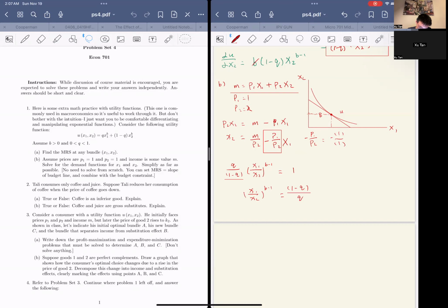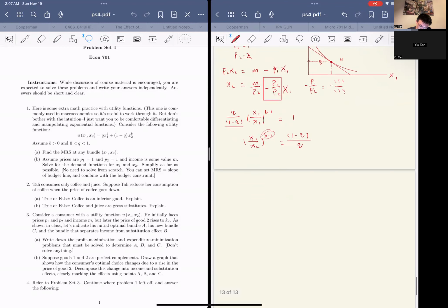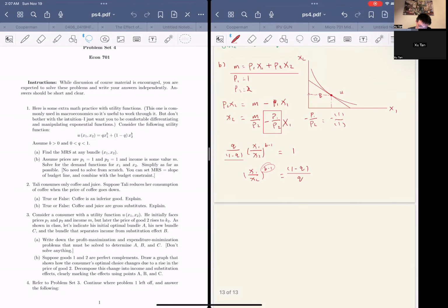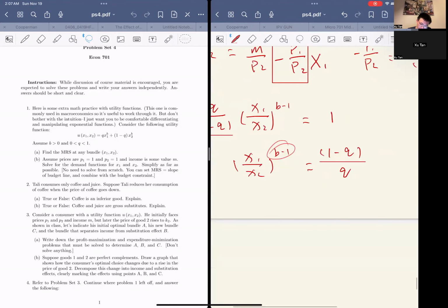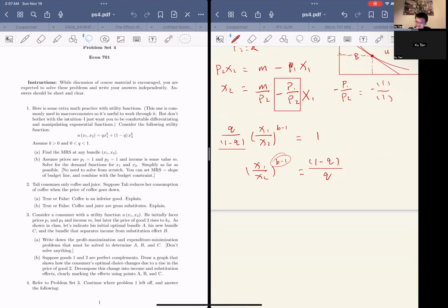Now we need to get rid of this b minus 1. We can take the root of b minus 1, which is the same as raising to the exponent 1 over b minus 1.